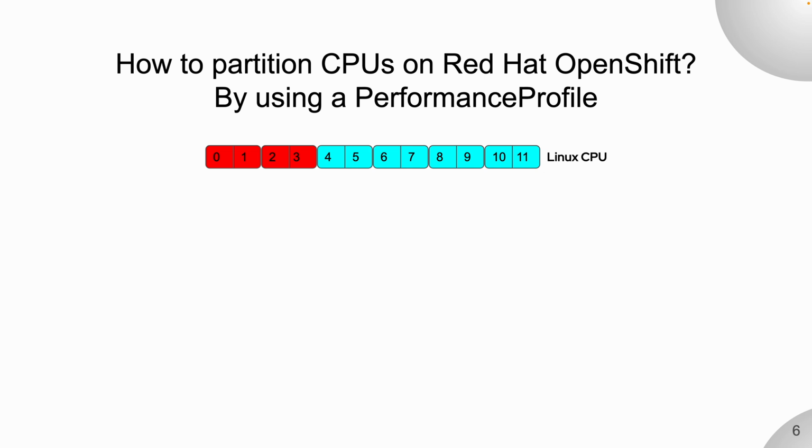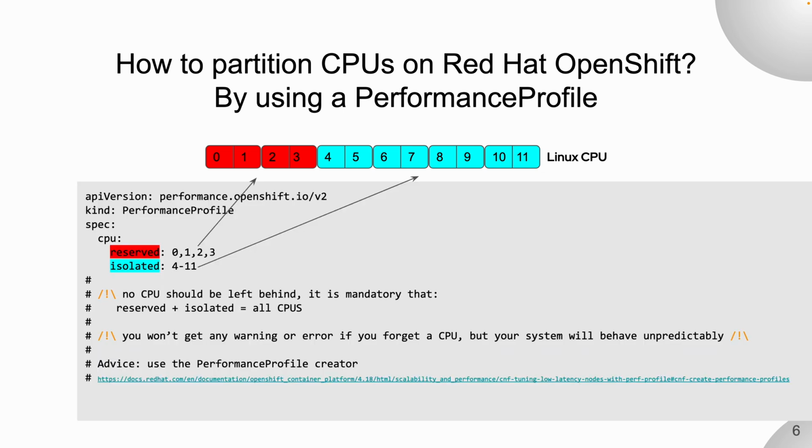In order to do that, you need to use an object called a performance profile. A performance profile permits you to create two partitions, the reserved partition and the isolated partition. The key element of this configuration is that the reserved partition plus the isolated partition should be all CPUs. You should leave no CPU behind. You should not forget any CPU, because if you do, you're going to have a system that will behave unpredictably.